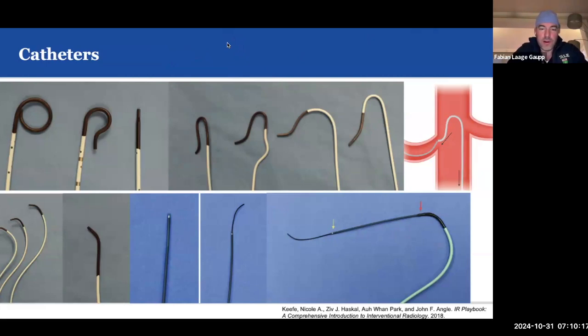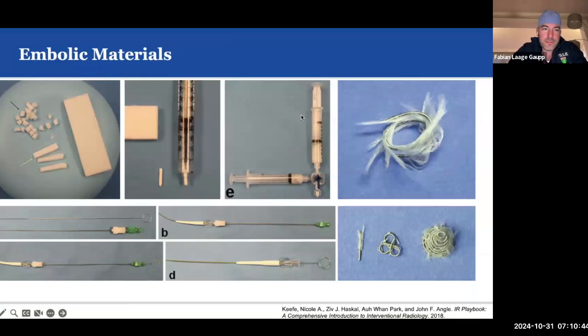A lot of these you can use one or the other, and often whatever you're most used to is what ends up being your go-to catheter for certain things. But you do need to be aware of other options because sometimes the anatomy just doesn't allow you to use what you usually use. So then you want to be aware of alternative catheters that you can use instead.